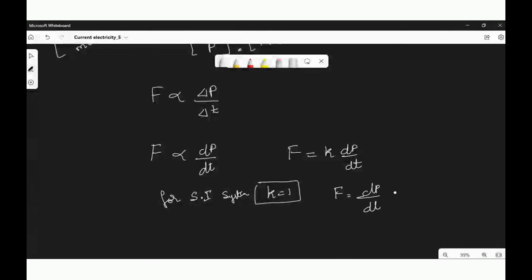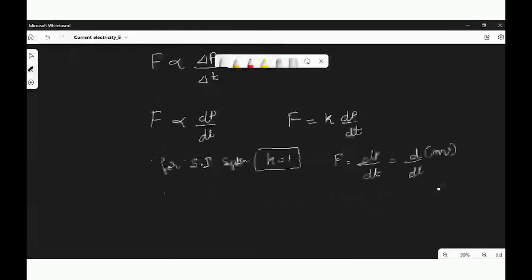But what is P? I can write d by dt of m into v. Usually mass is constant, so it will not change with time, so I'll take it out of the differentiation. Then what you get is m dv by dt. Correct? But what is dv by dt? The rate of change of velocity is acceleration.